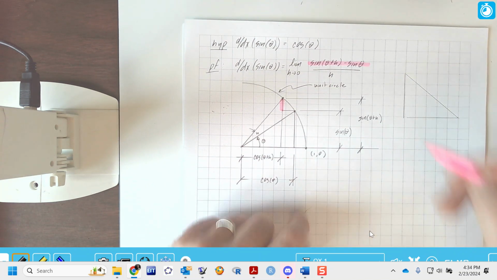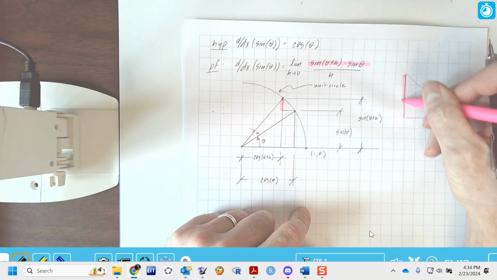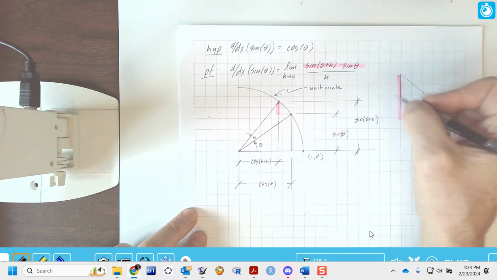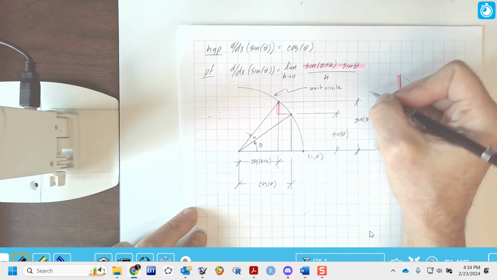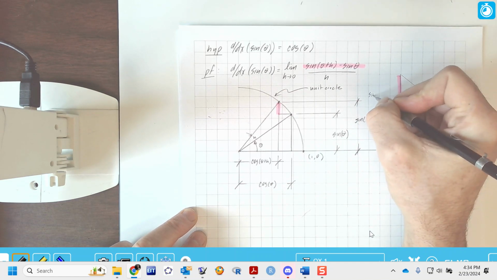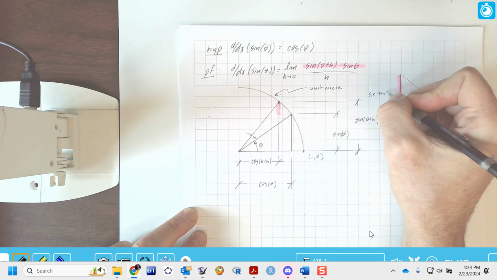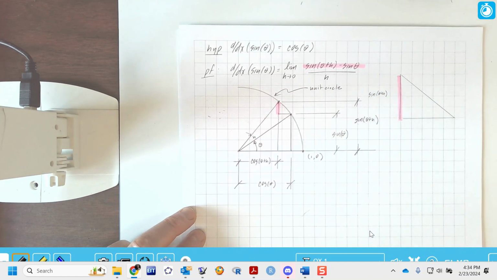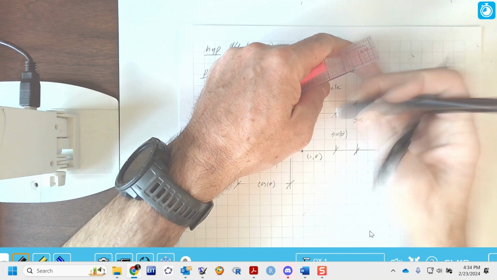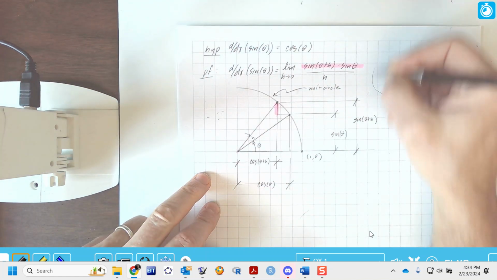We know that this guy's length right here is the one that we're after. It's the sine of theta plus h. Yeah, this isn't going to fit very nicely. I just didn't plan my drawing out as well as I'd have liked. So I'll just draw it up here.